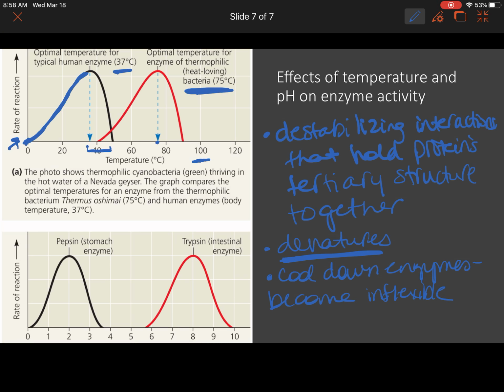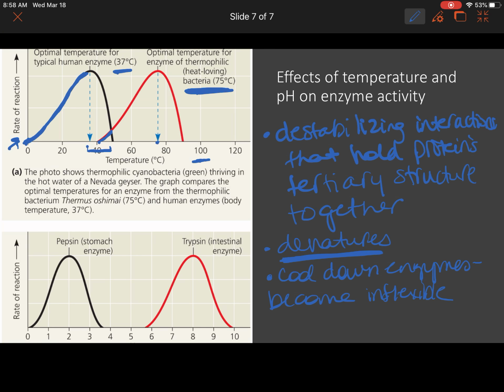It's really hot. Human enzymes are long since denatured at that optimal temperature. But for these heat-loving bacteria, at the optimal temperature for human enzymes, they're too cold. They can't function either. Okay, so these organisms and their enzymes are evolved to work in the optimum environment for where they live.